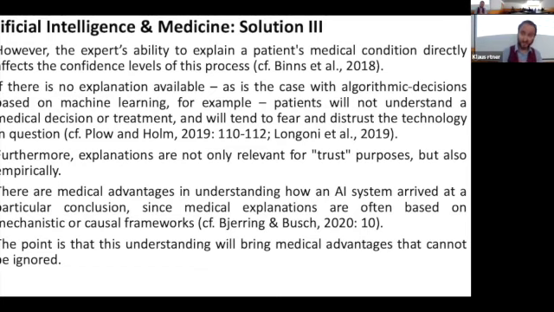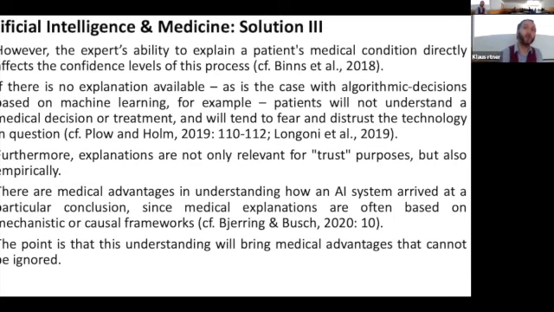And another very important point is that explanations are not just relevant for this trust gap purpose, right? There are actually medical advantages. There are empirical advantages in understanding how a specific model reached a specific decision. Why? Because usually these decisions are based on mechanistic or causal frameworks, and understanding how a specific model reached a specific diagnosis also enhances our knowledge about the nature of that disease.